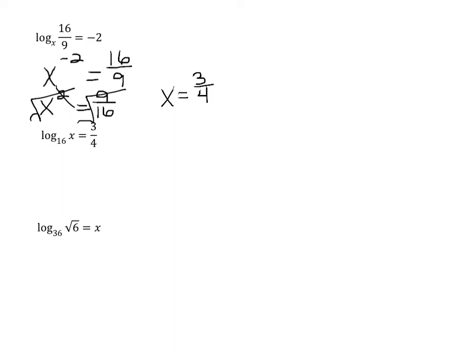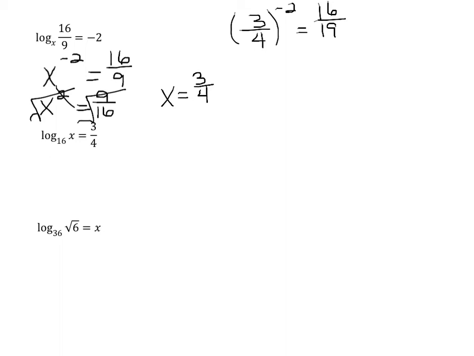And you're thinking, Mrs. Busselmeyer, it's supposed to be plus or minus. Remember that when we're dealing with logarithms, we're not going to have any negatives in this particular case. You can always check. So you can say, okay, well, I'm just going to put everything back into this here. So 3/4 to the power of negative 2 is equal to 16/9.